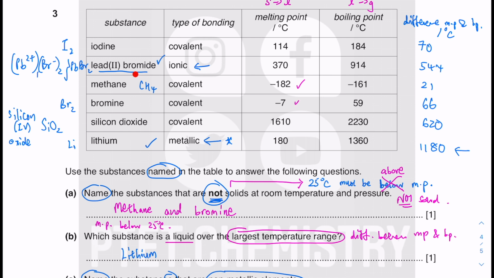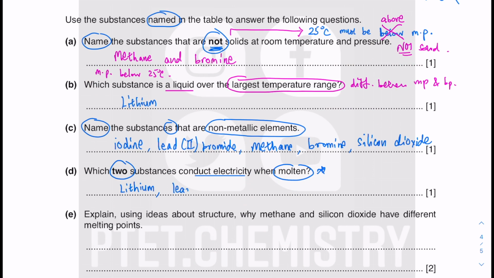They are not free to move, because they only vibrate about fixed positions in the solid state. But when it's molten, then you have liquid ions. Liquid ions can slide past each other. That means they are free to move. That means you have mobile ions that can conduct electricity in the liquid state. Liquid state meaning molten. All right.